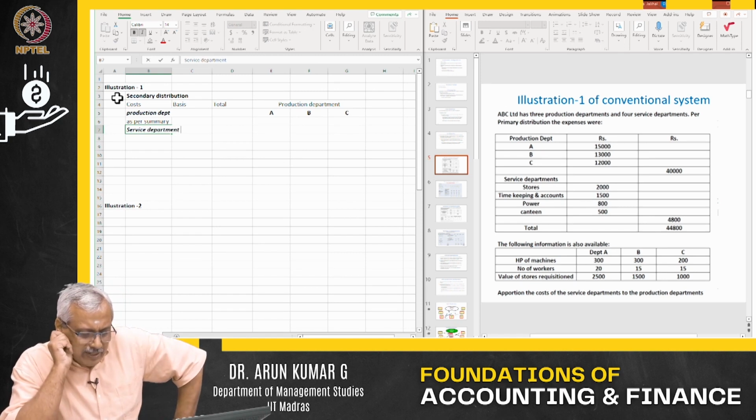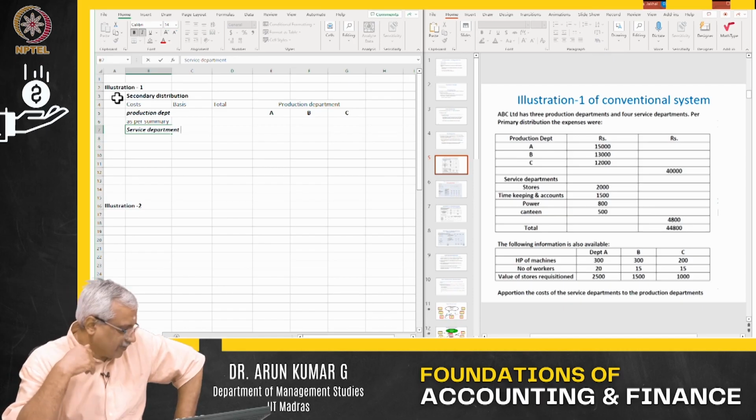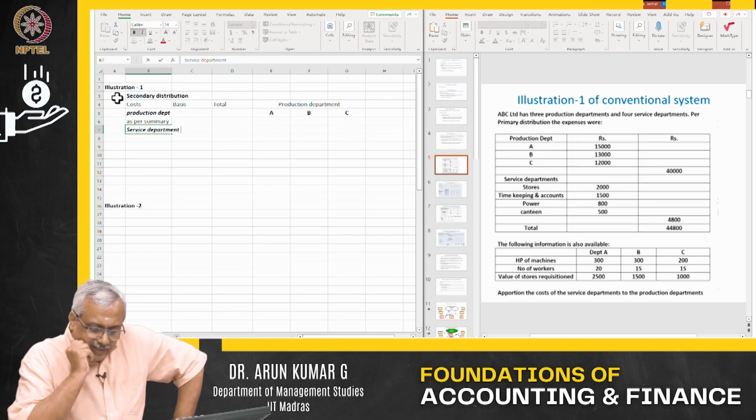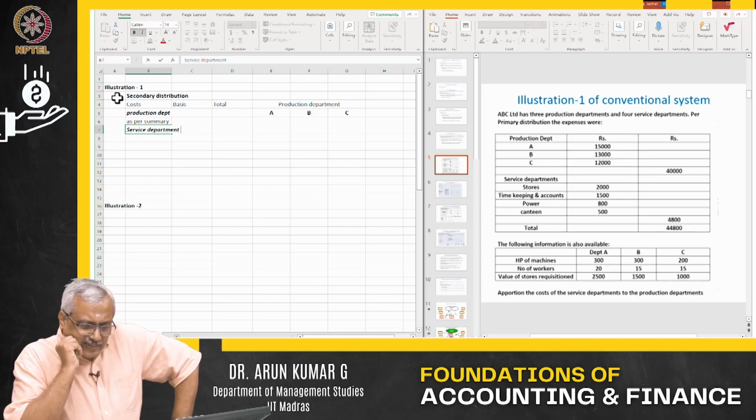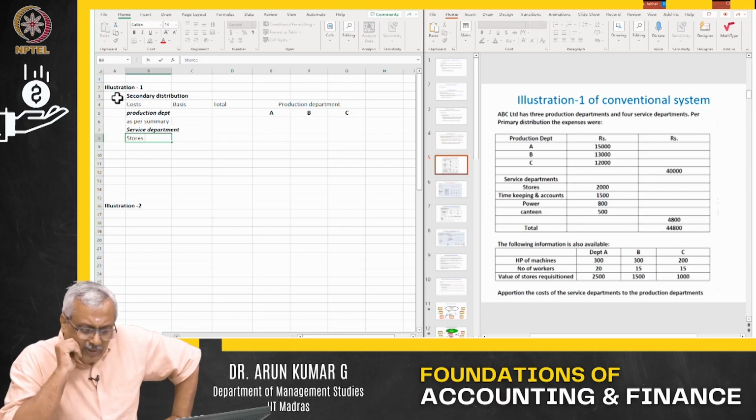Stores, timekeeping and accounts, power and canteen are the basic aspects that we see in this particular case. Now, first I will start with the service department. Let us start with stores as a service department.